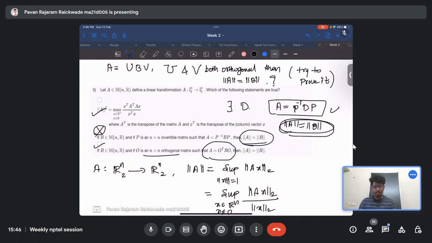There are some special invertible matrices, as you see in option C, orthogonal matrices. If in place of P there is an orthogonal matrix, then the norms are the same.